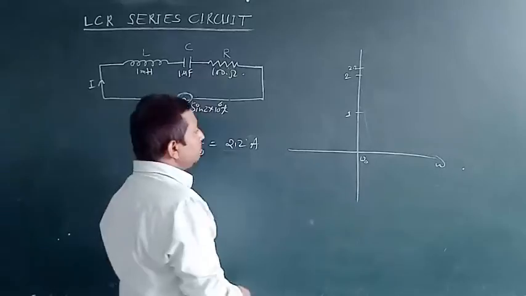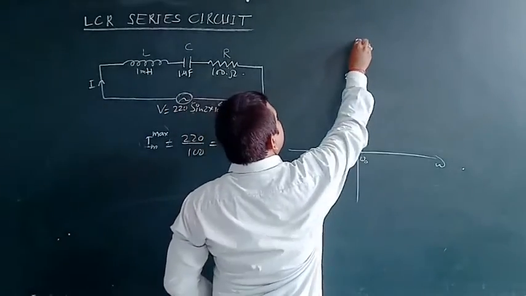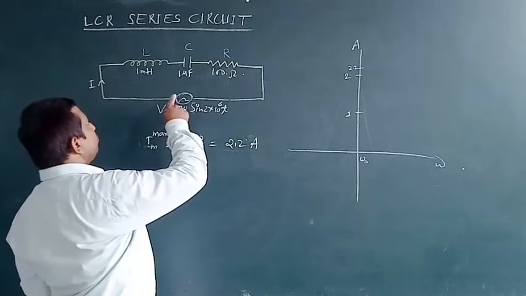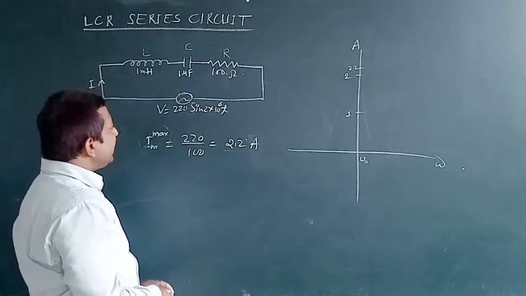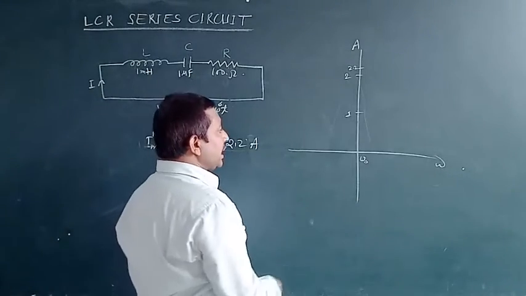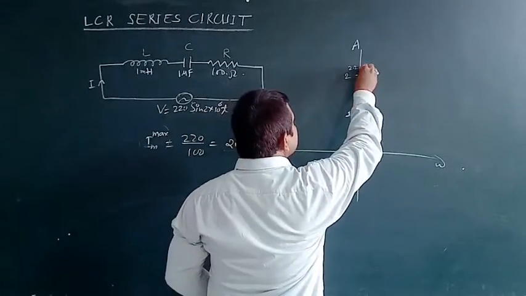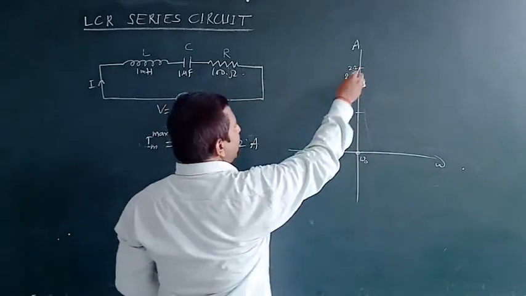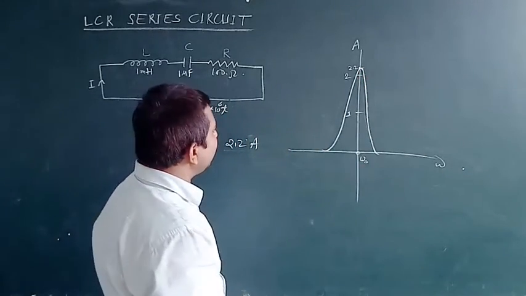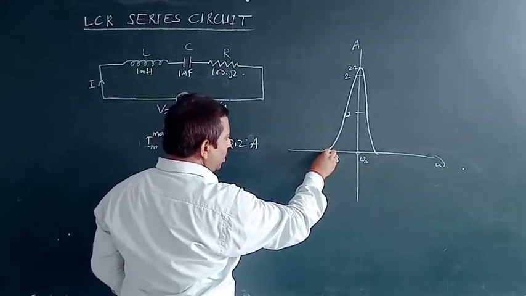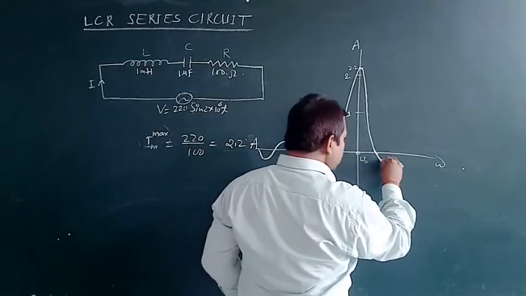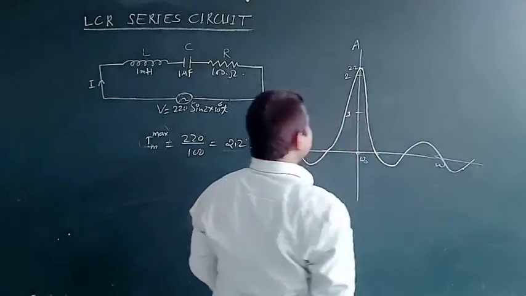So by plotting the current with respect to frequency, which can be changed, we will obtain that the amplitude of the current at resonance is maximum. And at different frequencies, the amplitude of the current is smaller in comparison to that at the resonance frequency. Okay, so this is a particular case.